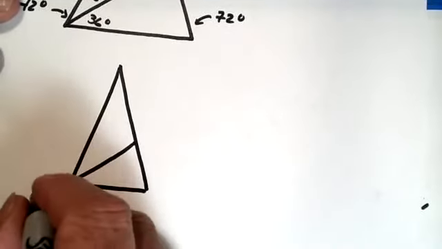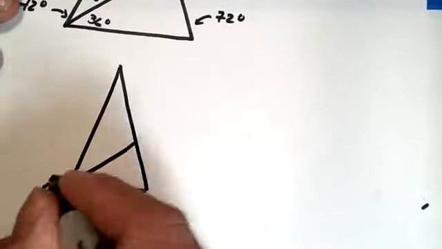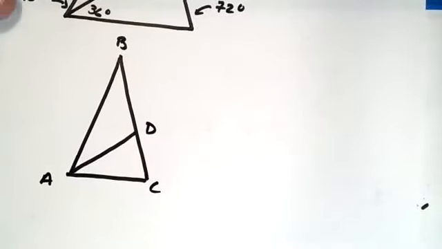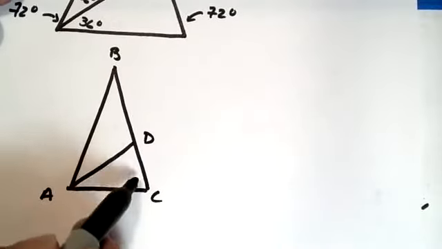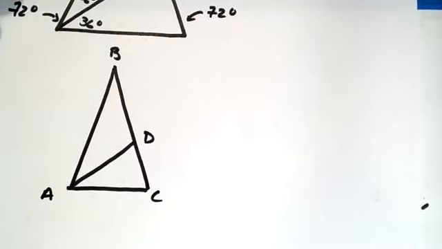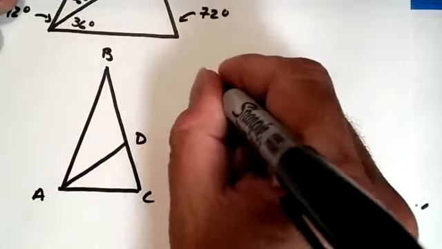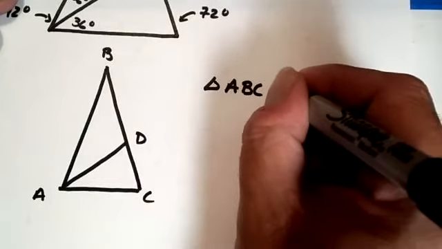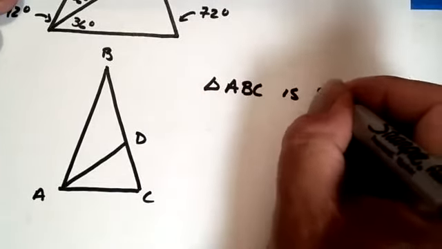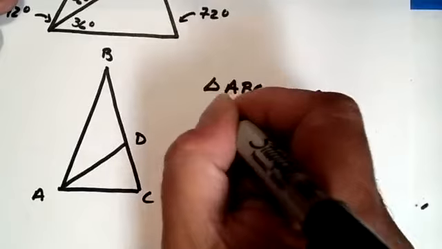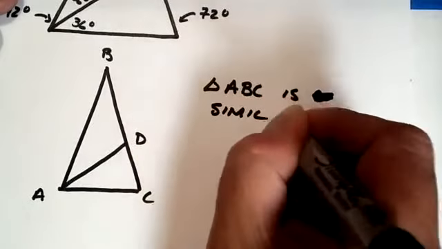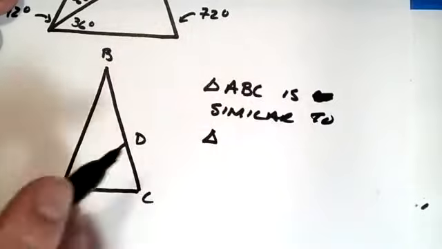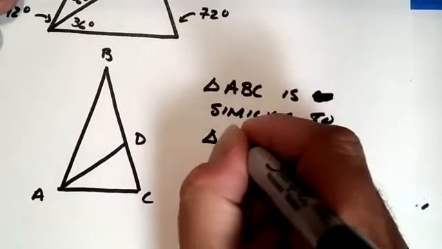And so if I put some labels on these points, A, B, C, and say D, because the angles are congruent, triangle ABC is similar to triangle, and I've got to start at the right point, CAD.